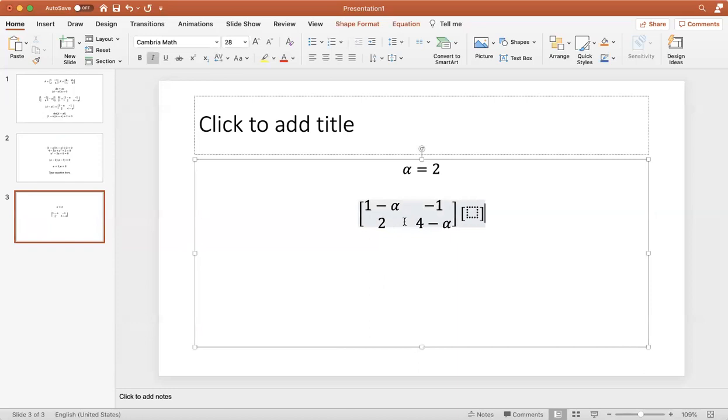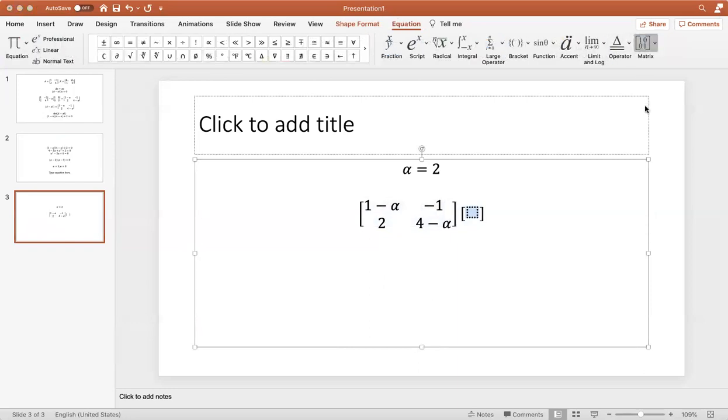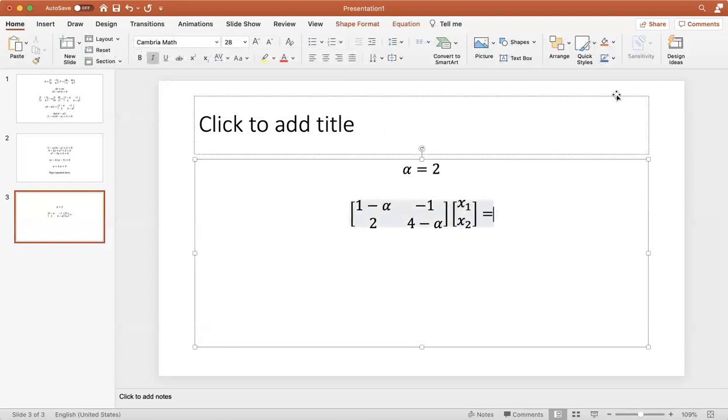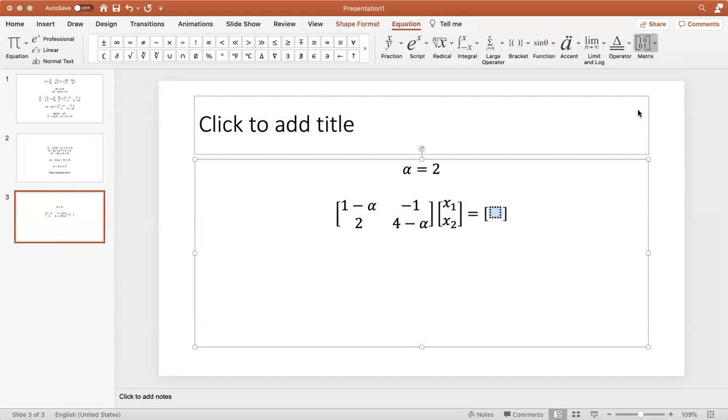And then here you have the vector of x1 and x2. The goal here is to solve for the values of x1 and x2, considering that this system of equations should be equal to 0. So both of them should be equal to 0.